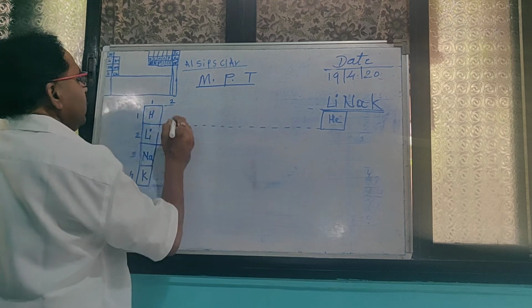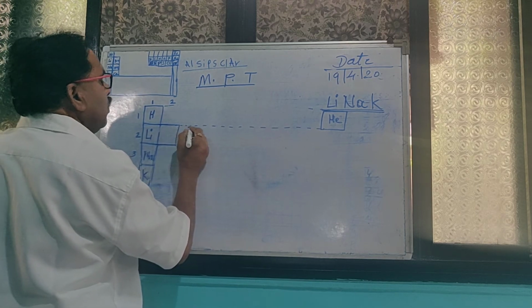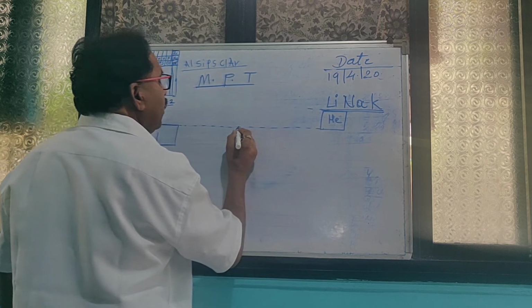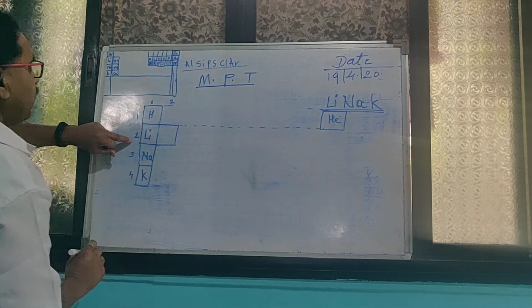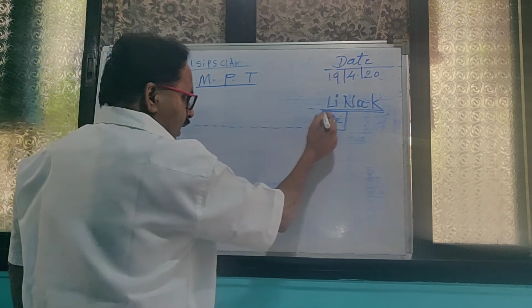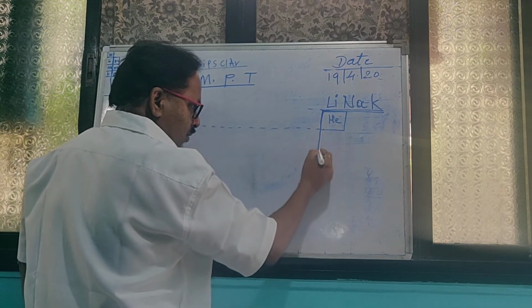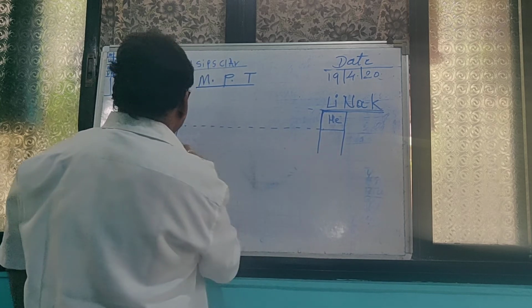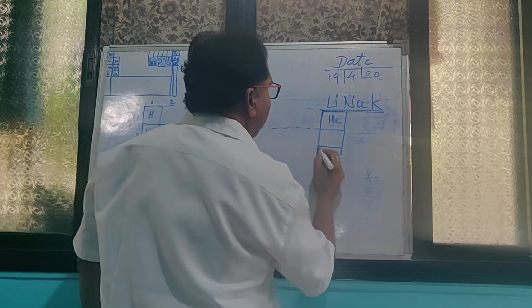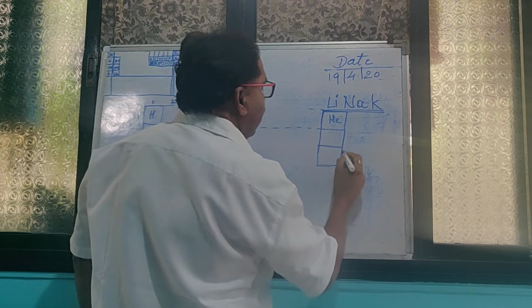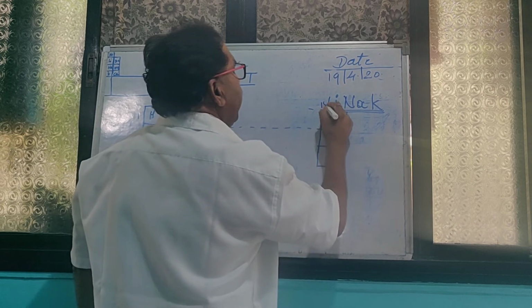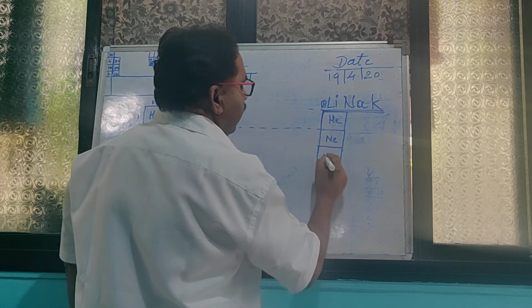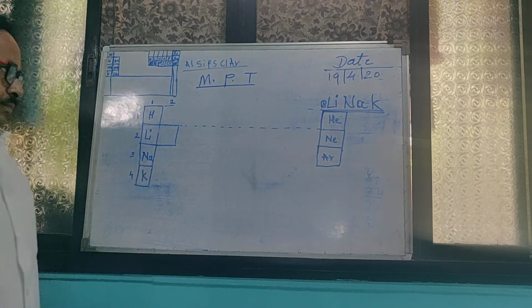Remember, again we will have to draw the three elements in the eighteen groups: helium, neon, and argon.